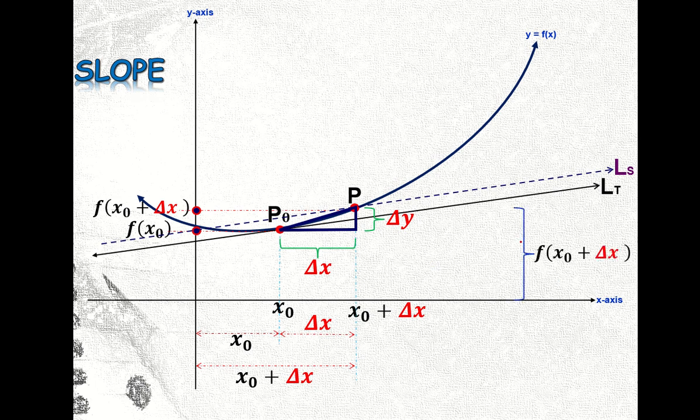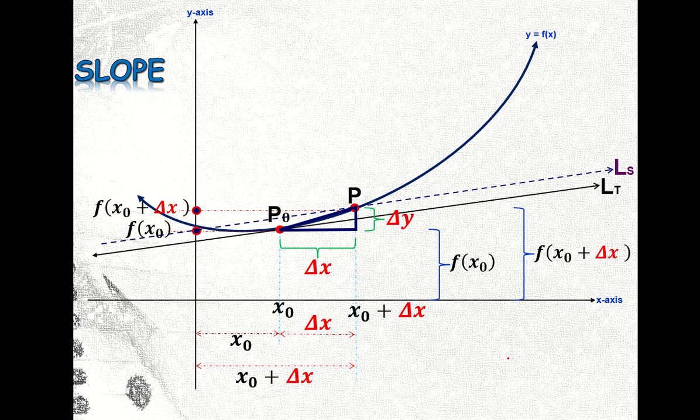Okay, so delta y can be calculated as the difference between this height for the function here, that is f of x sub 0 plus delta x, then minus this height f of x sub 0. Okay, so the difference of these two, you subtract this by this one, that is now our delta y.